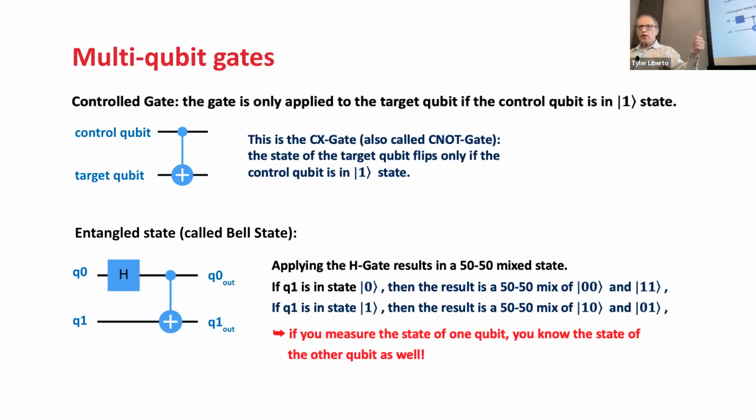And if qubit 1 is in state 0, then the result will be a 50-50 mix of 0, 0. That means both qubits are in 0 state or both qubits are in 1 state. I hope you understand how it works, because the first one has 50-50%.